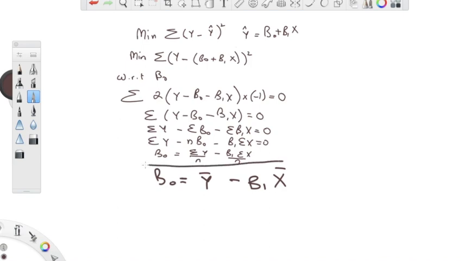So this is what we'll be using later on to derive the value of beta naught. So this is basically step number one.